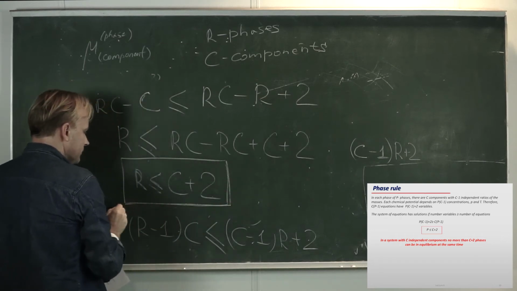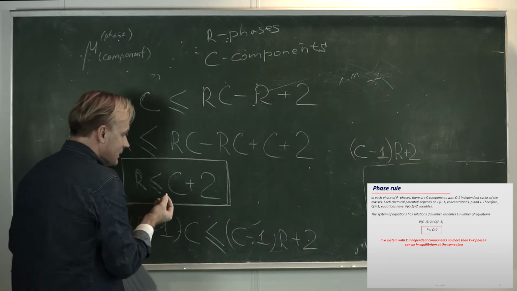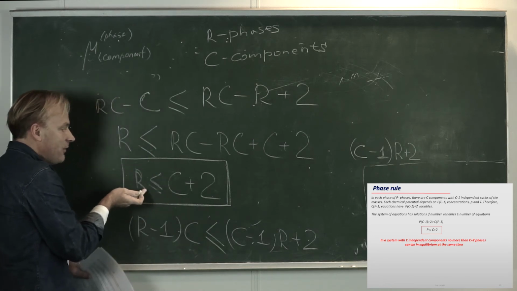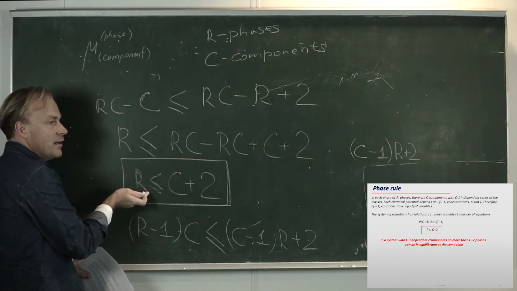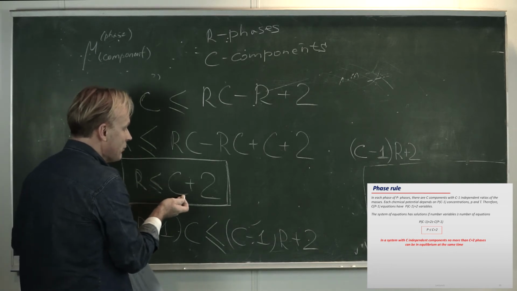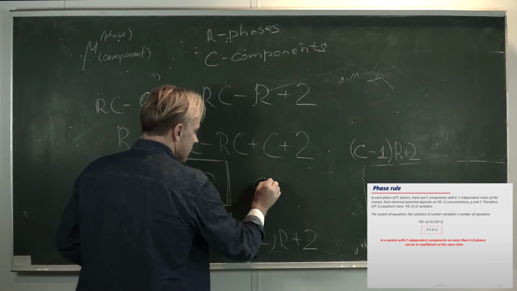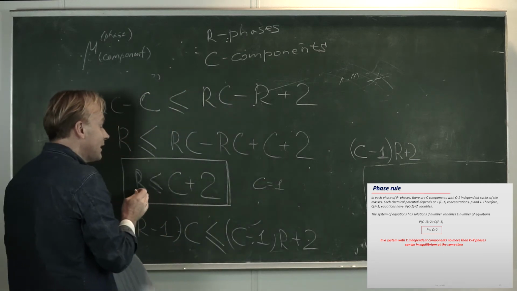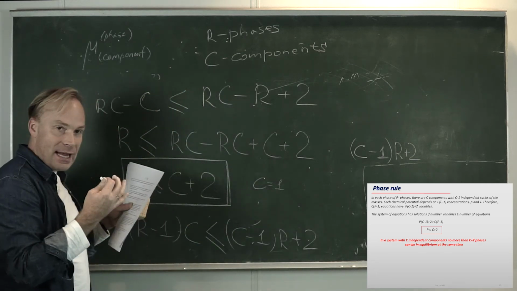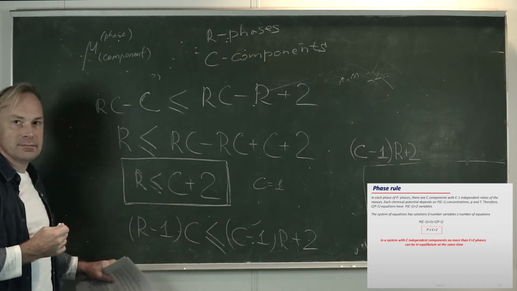What we obtain is an inequality that says that the number of phases that can be at equilibrium at the same time is equal to or less than the number of components plus 2. So if you have just one component, C is equal to 1, and the number of phases that you can get at thermodynamic equilibrium at the same time is either equal to 3 or less than 3.